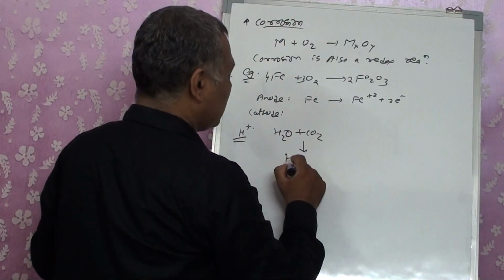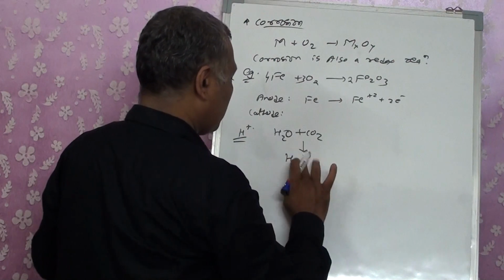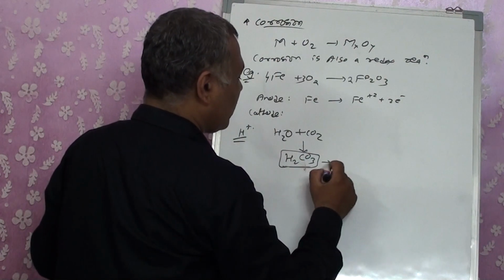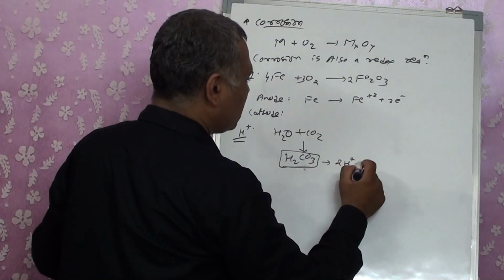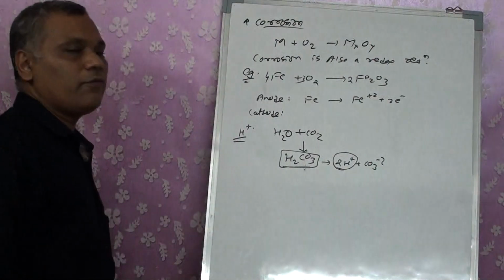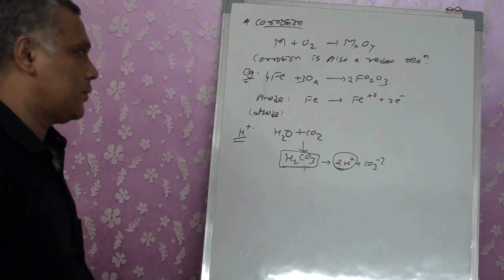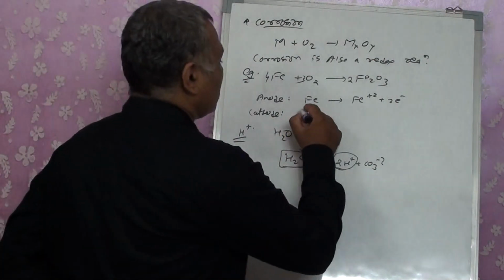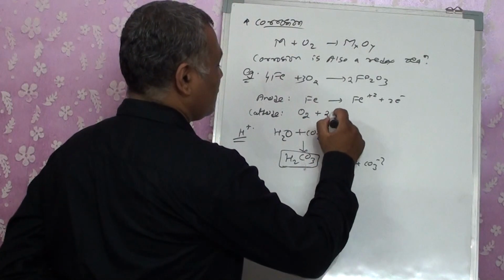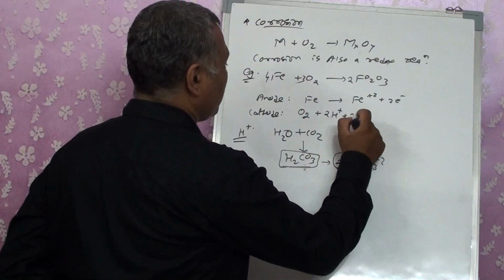It produces H2CO3, and this H2CO3 ionizes to 2H+ plus CO3 2-. So from the atmosphere, we get H+. That H+ reacts with O2 plus 2H+ plus 2e-.